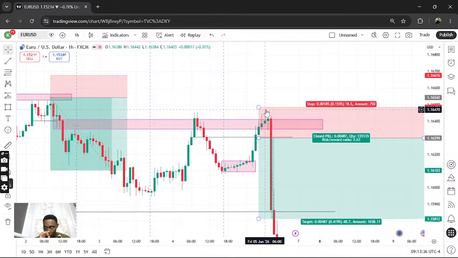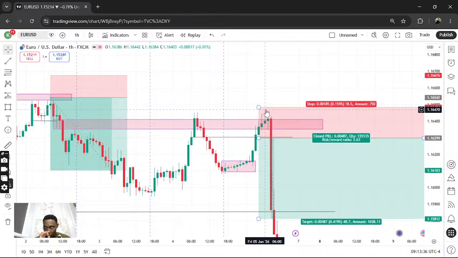So now, after this accumulation, during the London session, the manipulation happened. Now, when the market traded into this particular point, this order block, it respected the order block.